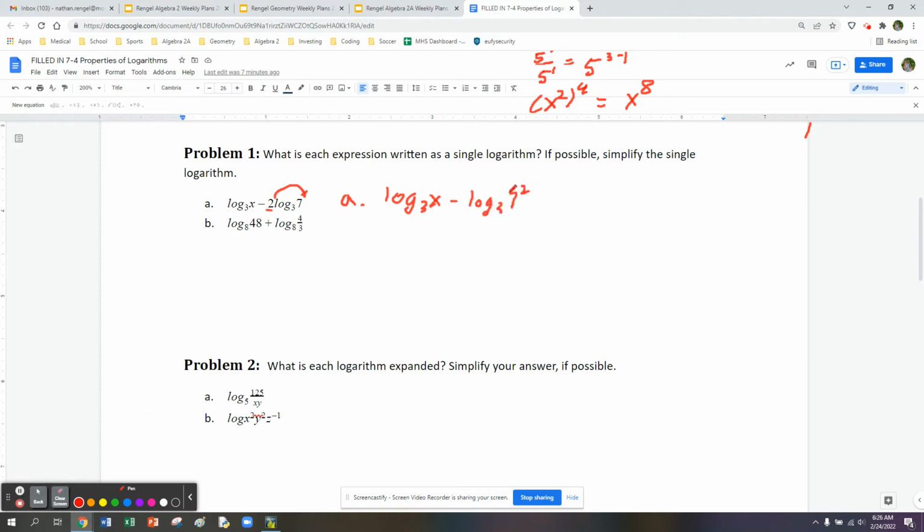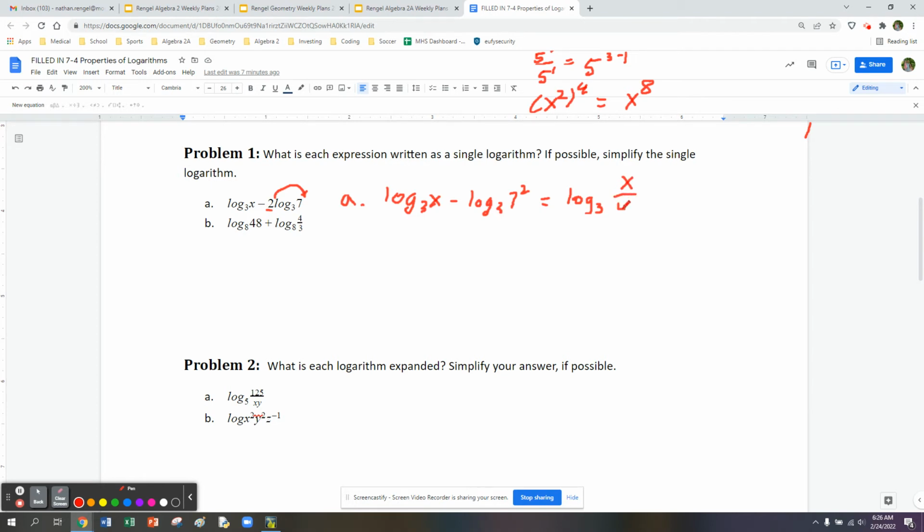The other skill that we're going to practice is looking at expanding your logs. So we've got log base 5 of 125 over xy. So first, we can see that we have this quotient. So we have the 125 in the numerator and then this product xy in the denominator.